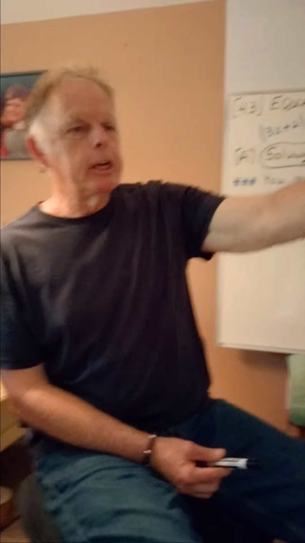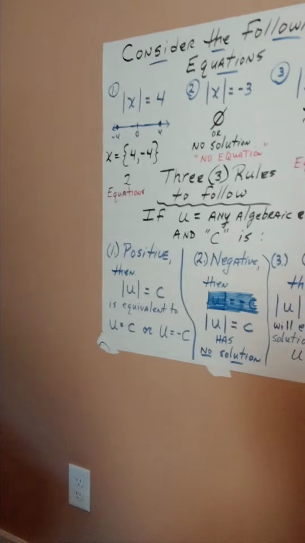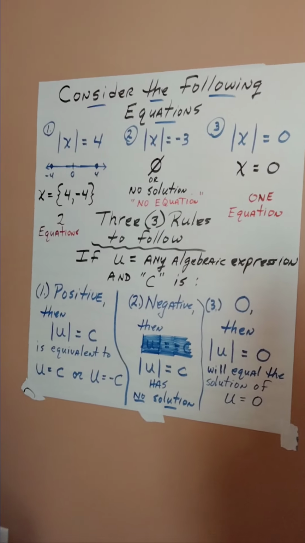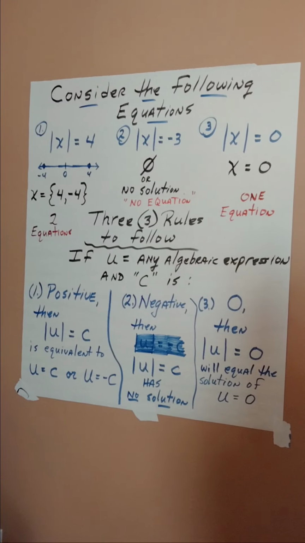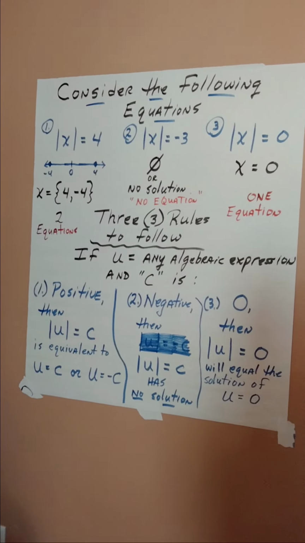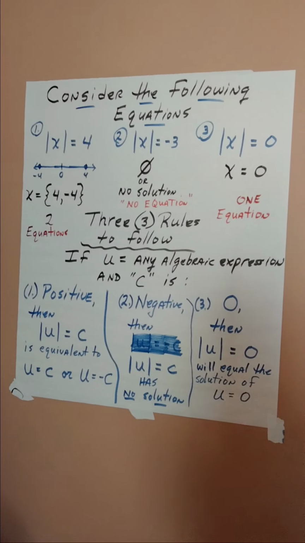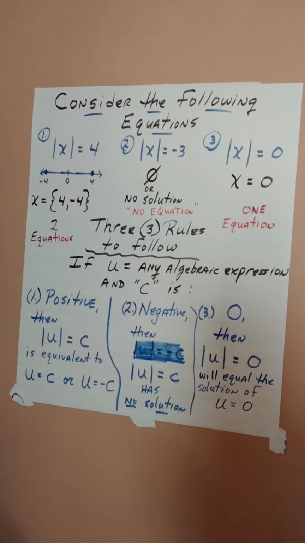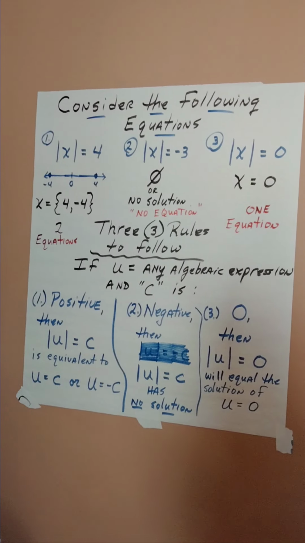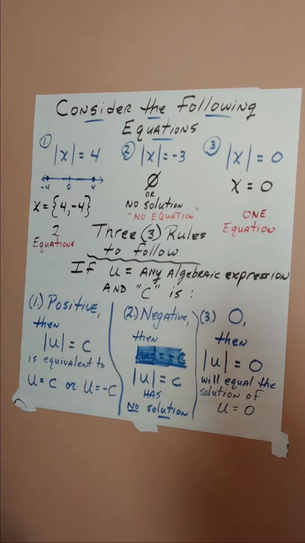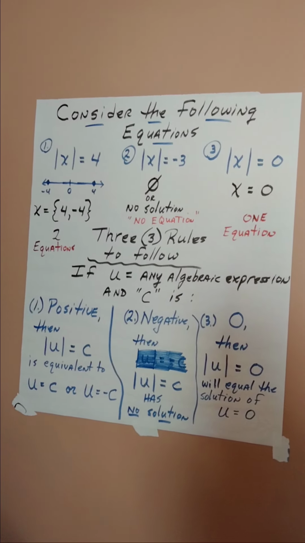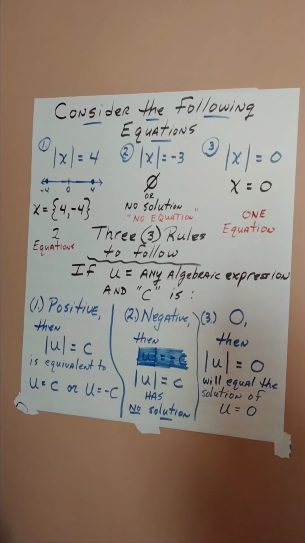So I'm going to come over here on this other wall of the room that I'm working at home, and we're going to consider 3 different cases of absolute value equations. These 3 different cases are going to lead to 3 different rules that we're going to follow when we are solving absolute value equations.